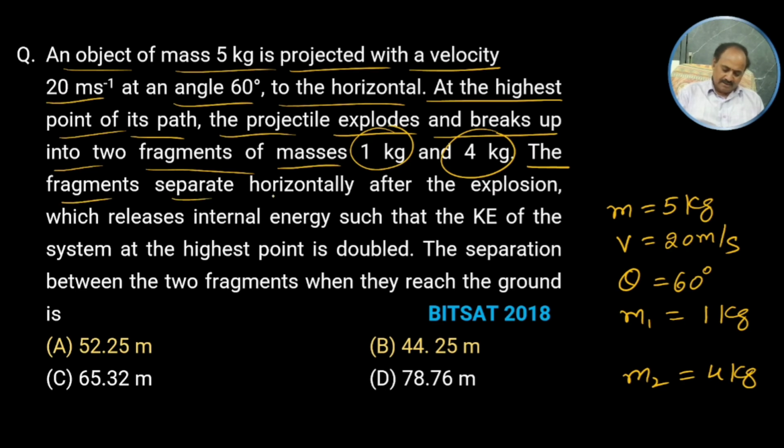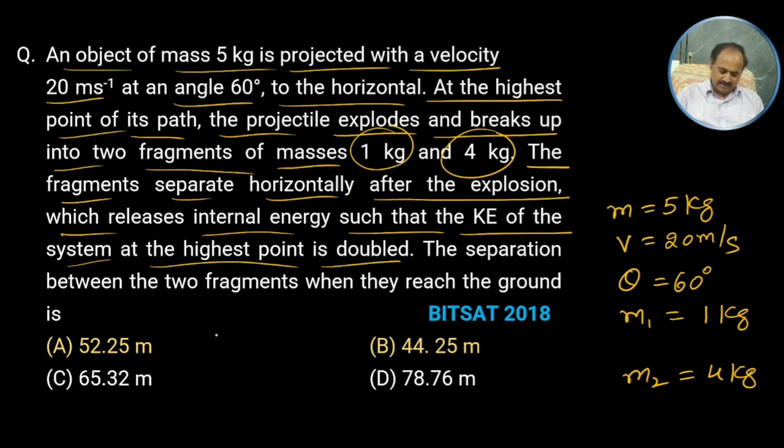The fragments separate horizontally after the explosion. The two fragments separate horizontally, which releases internal energy such that the kinetic energy of the system at the highest point is doubled. That means kinetic energy at the highest point is 2 times the initial kinetic energy.